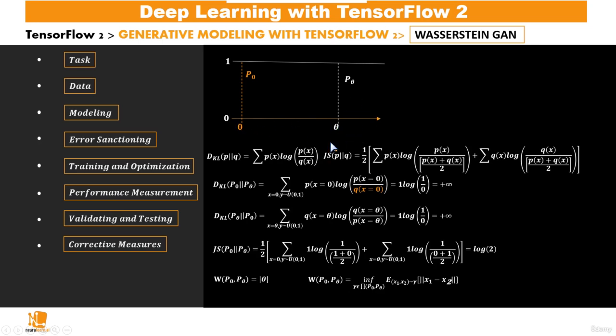If this P theta is found somewhere around here, we're going to have a distance of say 0 minus theta, but we're taking the absolute value. So that's the role of this absolute value right here. We get those distances very easily, and we note that whether we are at the 0 point or any other point on this x-axis, we'll always get the same answer, which is a function of theta.